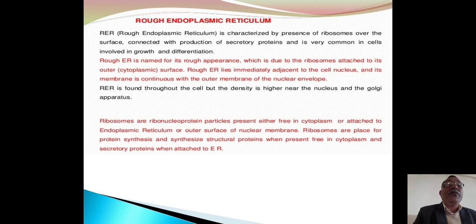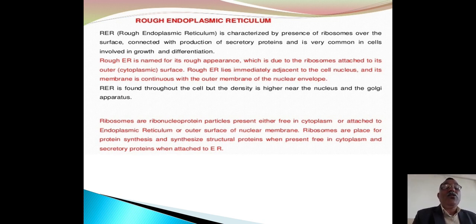Rough endoplasmic reticulum lies immediately adjacent to the cell nucleus and its membrane is continuous with the outer membrane of the nuclear envelope. Rough endoplasmic reticulum is found throughout the cell but density is higher near the nucleus and the Golgi apparatus.